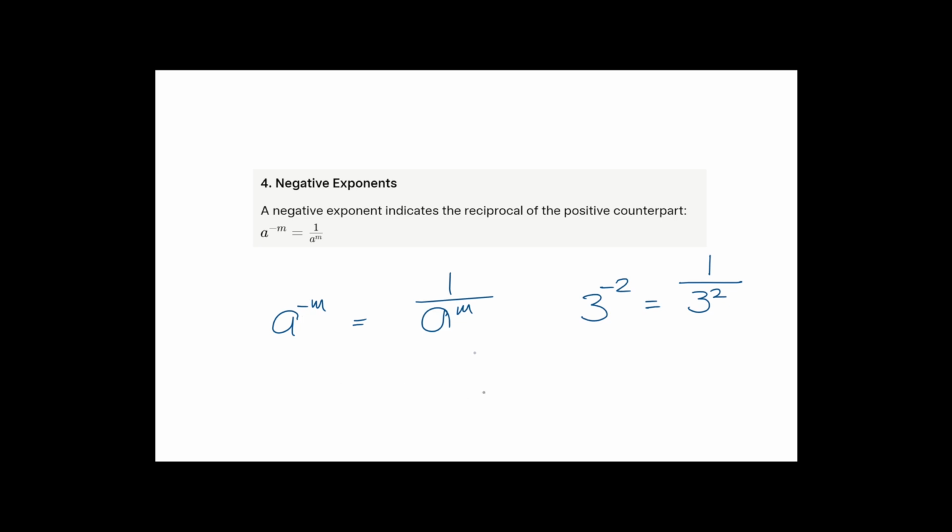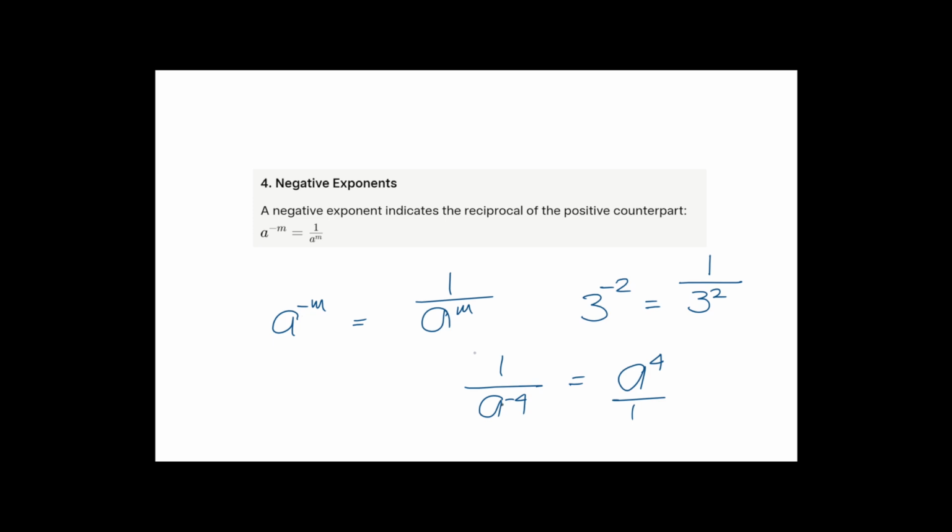And just for completeness, if we had 1 over a to the minus 4, that's going to be the same as a to the positive 4 over 1.